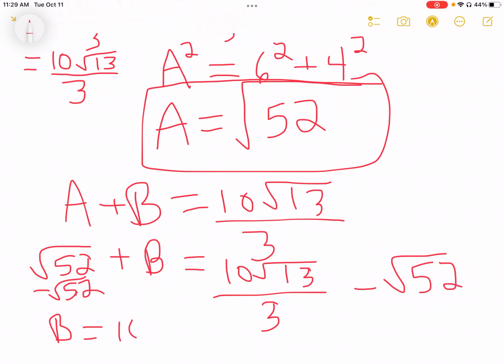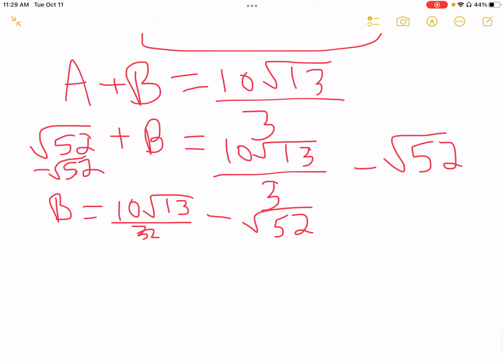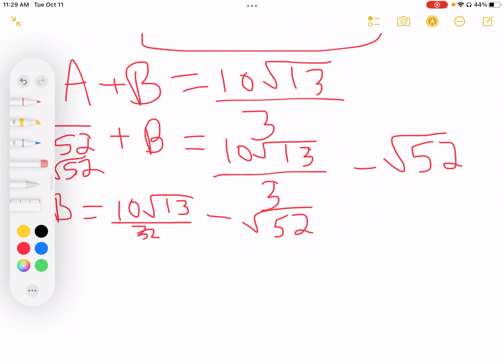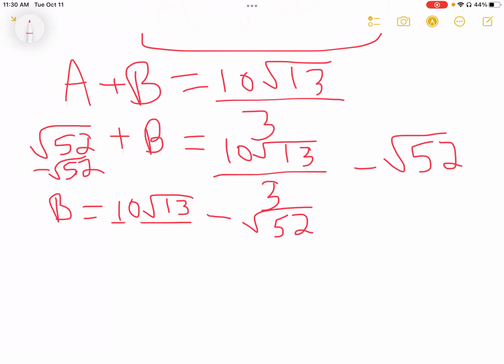Whoops, this 3 doesn't show very well. I can fix that in a second. Let me fix this piece right here. Okay, 10 root 13 over 3.